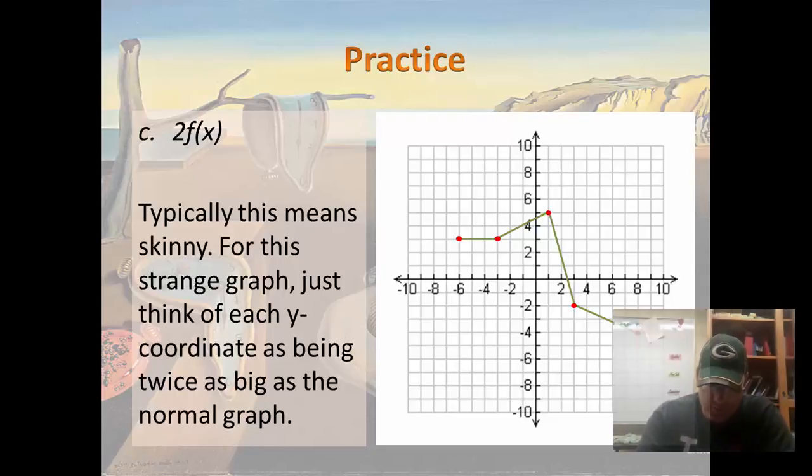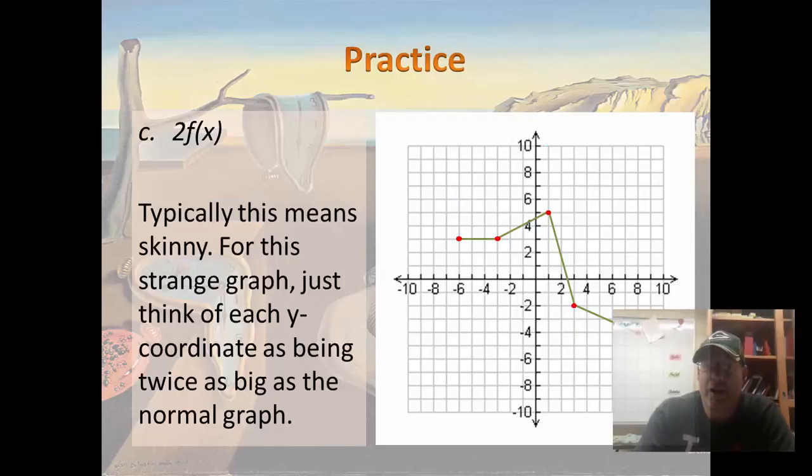So our first one, starting from the left, it goes from a positive 3 to a positive 6. And the next one goes from 3 to 6. Then 5 to 10. Then negative 2 to negative 4. And negative 4 to negative 8.